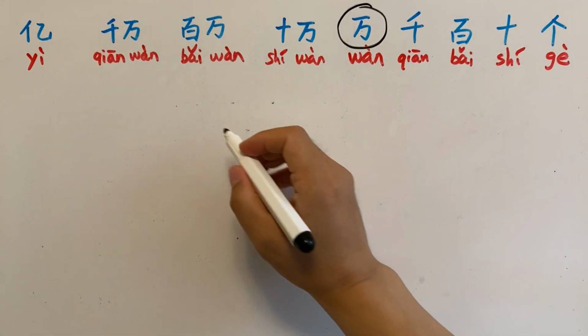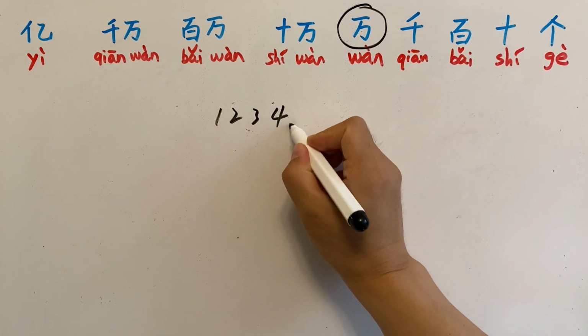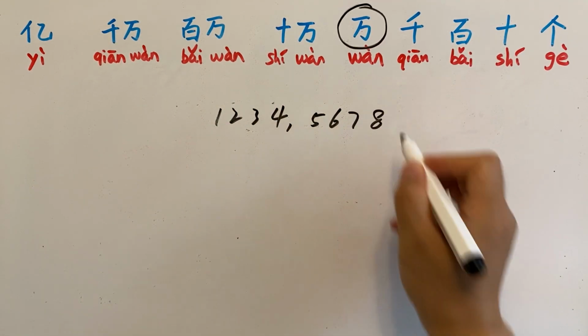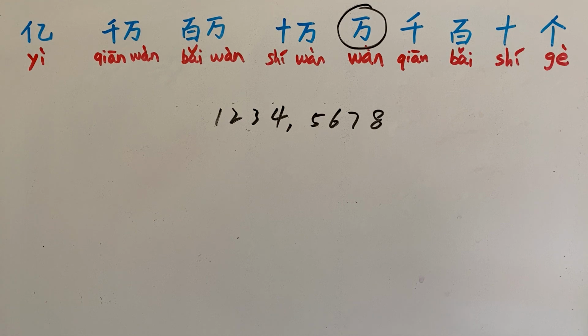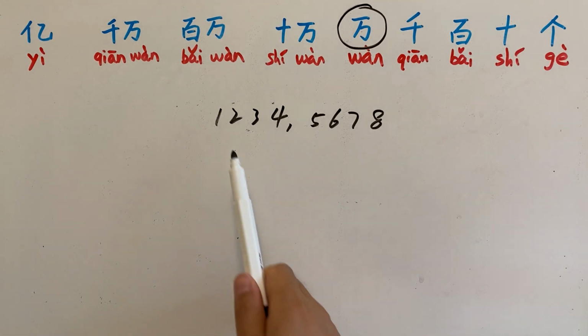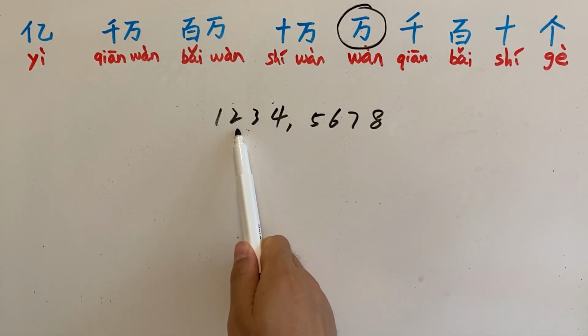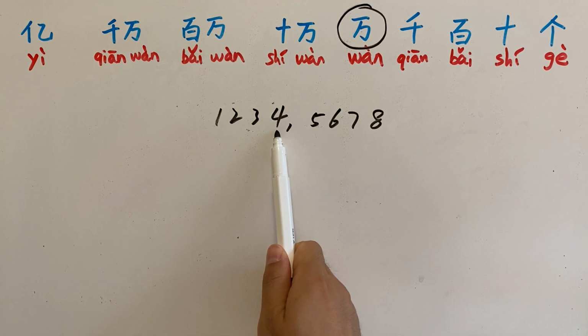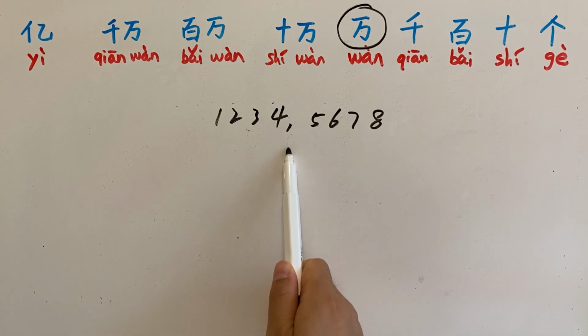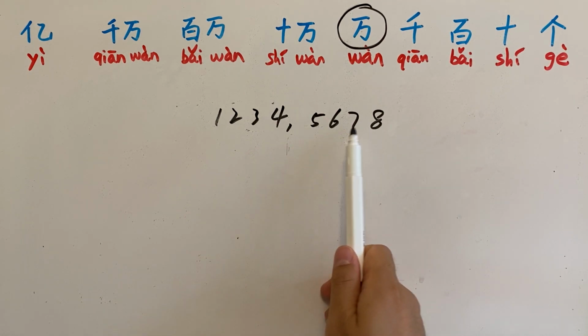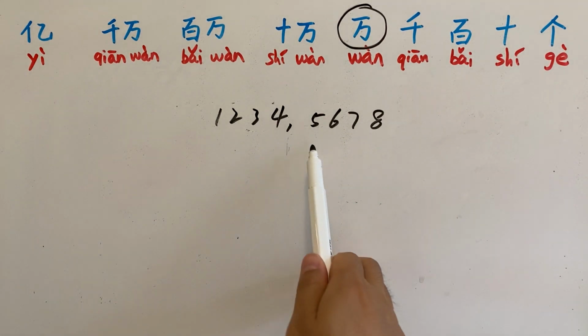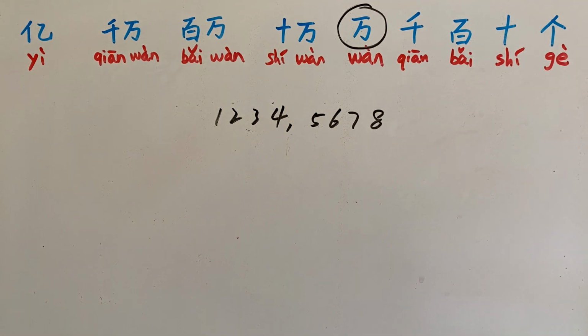For example, in Chinese this is 1234万5678. This comma is 万.